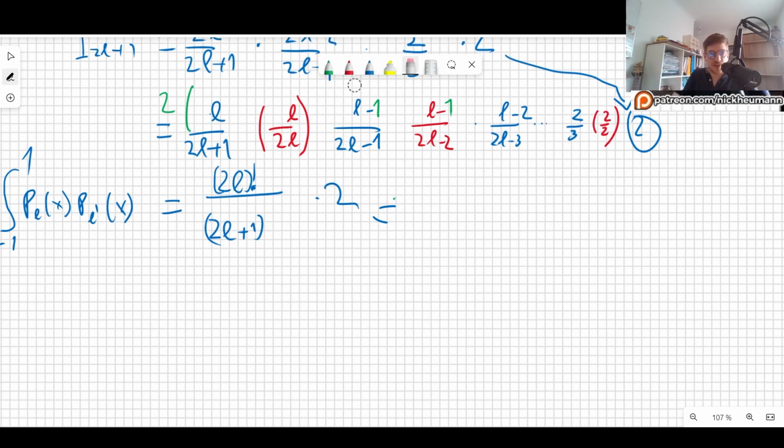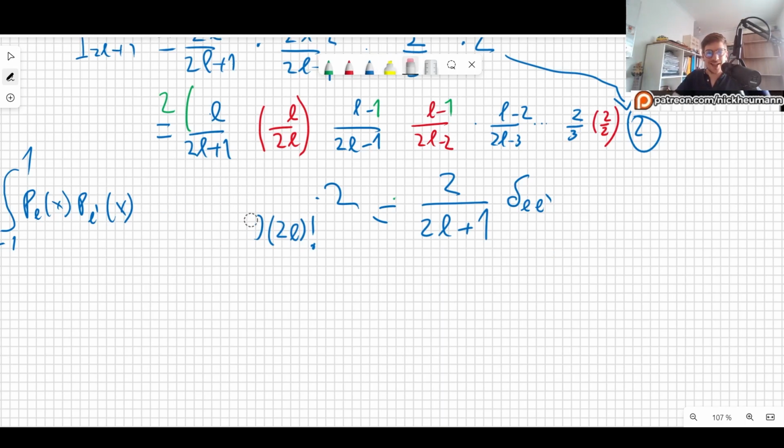But 2L plus 1 factorial is simply 2L plus 1 times 2L factorial. So this is simply 2 over 2L plus 1. And now we keep in mind that this is only valid when L is equal to L prime, which means, of course, that we need to add delta L L prime. Because when L is not equal to L prime, this integral was 0.